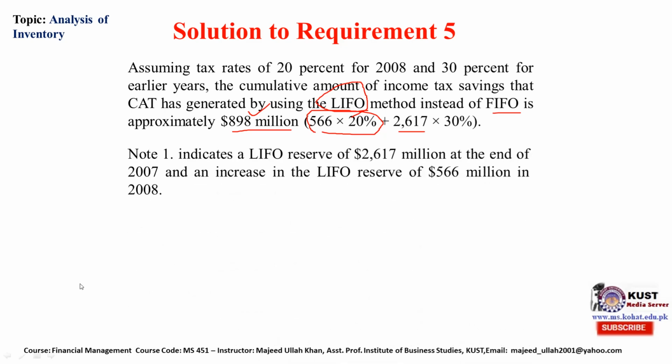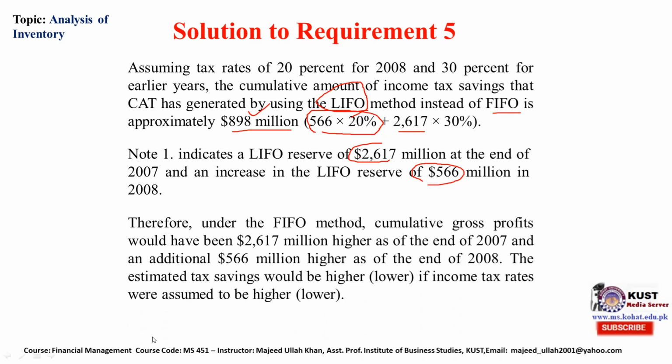Now, since note 1 indicates that the LIFO reserve is 2,617 million at the end of 2007, with an increase in the LIFO reserve of 566 million in 2008, we calculate this according to this calculation.